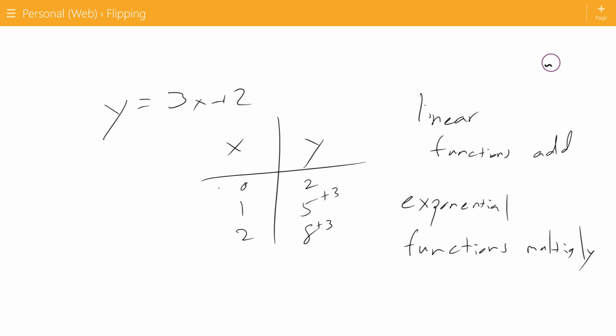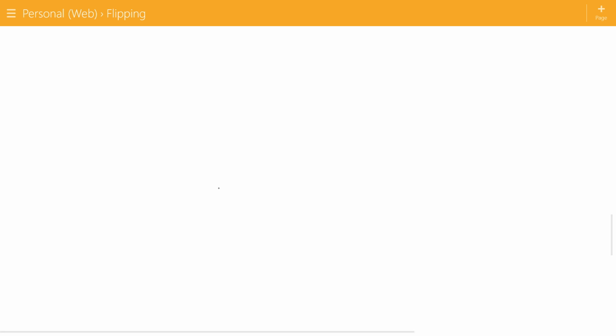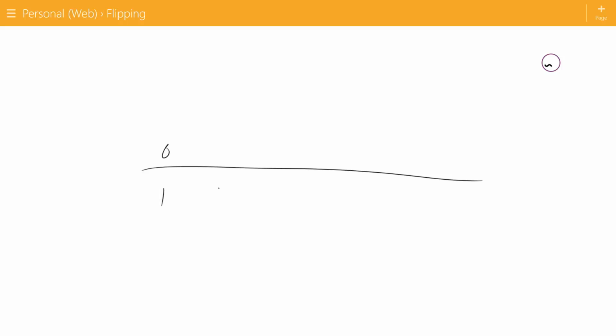And you can see this sometimes when you're looking at data, when you're looking at a table. So if I've got two sets of data, let's say x values 0, 1, 2, 3 and y values 1, 10, 100, 1,000. We start to see the pattern here. How would you describe it?